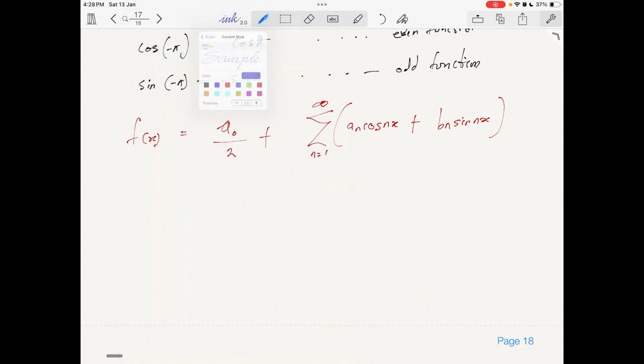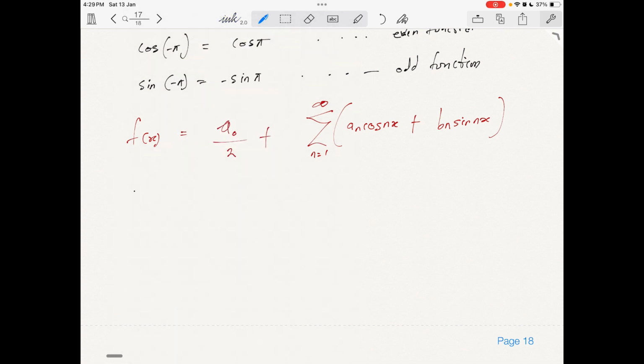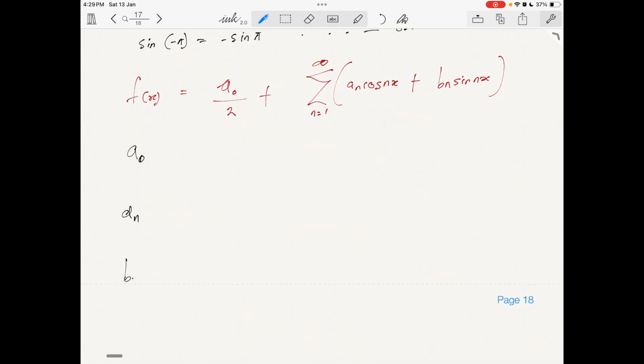Now let's start with even functions. Or before we start with even functions, what are the formulas for the terms? What is a naught, what is an, and what is bn? Now these formulas are related to what we call half range series.